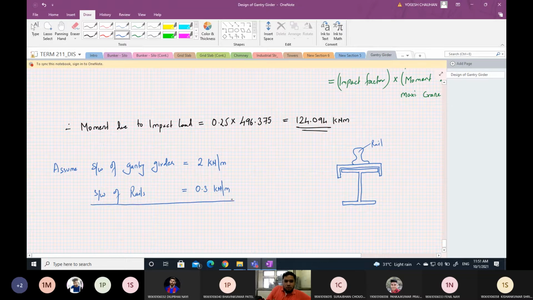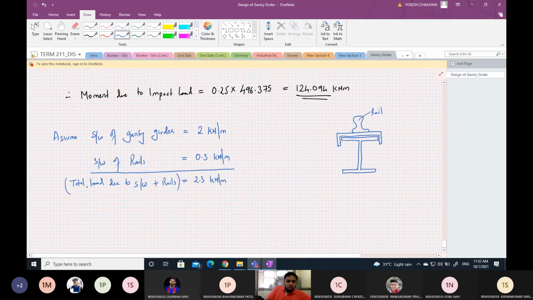So the total load on gantry girder, load due to self weight plus rail, will be 2.3 kilonewton per meter.